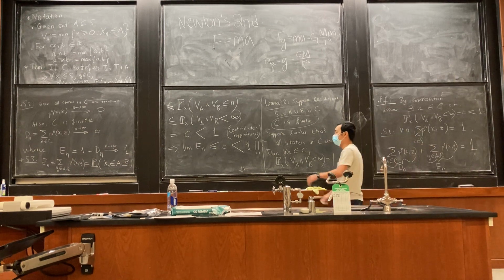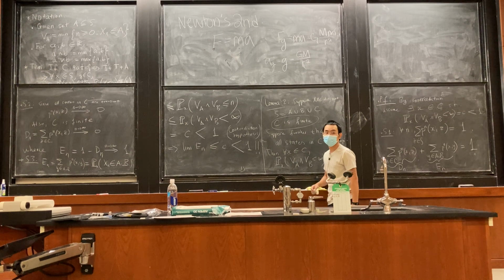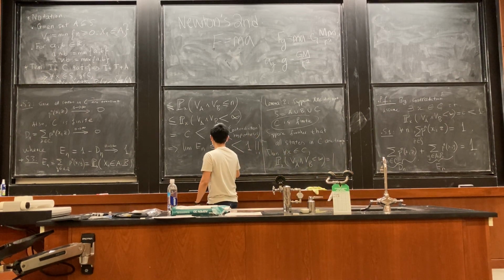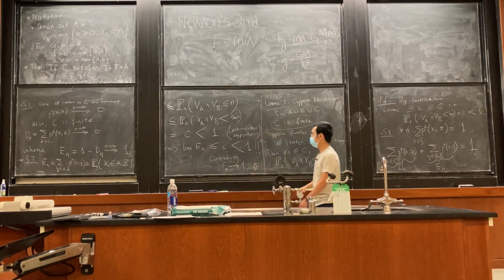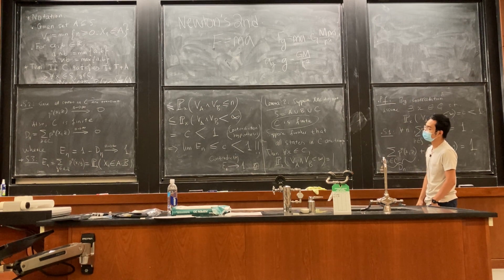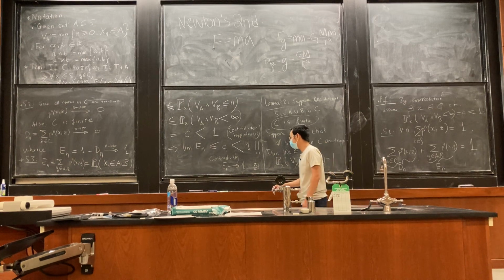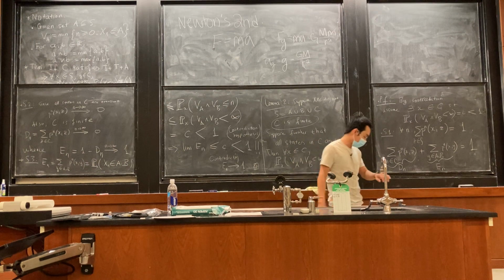On the other hand, E_n is going to some c strictly less than 1. So that is a contradiction, contradicting E_n going to 1. Alright, so we'll finish a little bit here.